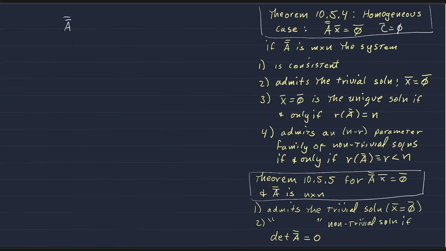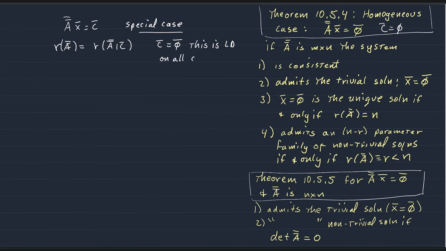So we know that the rank of A is equal to the rank of the augmented matrix, because with C equal to the 0 vector, it is linearly dependent on all columns of A. So it doesn't add to the dimensionality of the system.